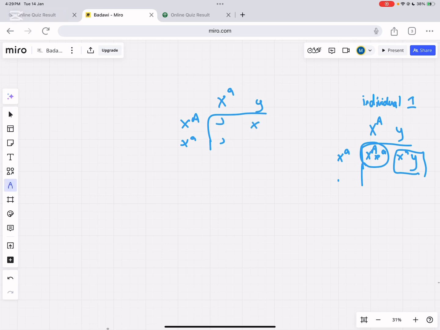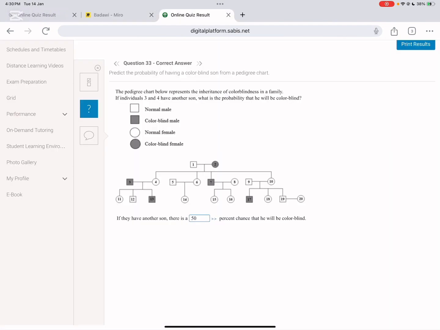I will get XAY and XaY. One is affected, while the other is not affected. So my total is 2, and 1 is affected, 1 over 2, so 50%. The answer should be 50%.